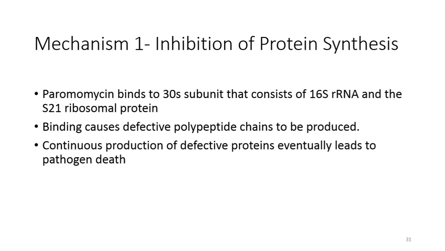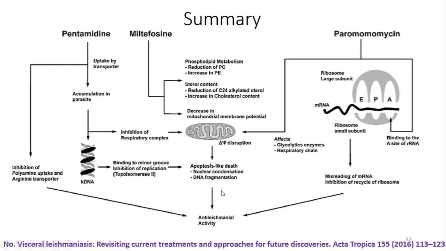Due to such continuous production of defective protein, eventually that would lead to pathogen death, because once the primary sequence of protein has changed, it won't fold properly. If it won't fold properly, it won't function properly. It would create defective protein, and due to defective proteins, the organism may not survive properly. So that is one of the mechanisms.